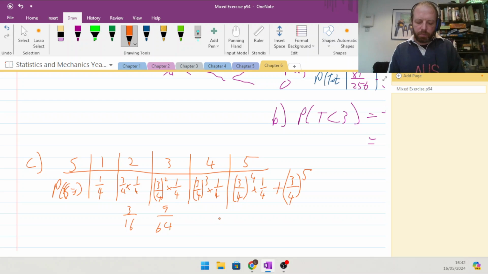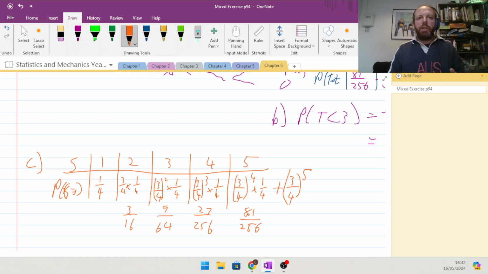Okay, times a quarter again for the next one, 27 over 256. 3/4 to the power 4 times a quarter added to 3/4 to the power 5 is 81 over 256.